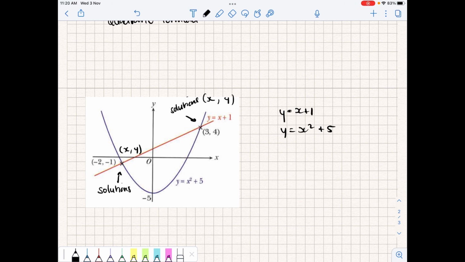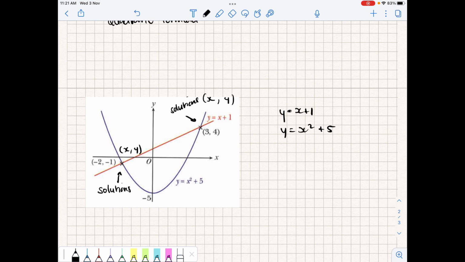Now, usually when we solve these simultaneous equations, we will generally solve for x first, and then using either of the two equations, we would solve for the other variable. But the order doesn't matter, right? If we are asked to find the solutions, we're asked to find both the x and the y solutions, unless otherwise stated. So if they only want the x solutions, they will specify only the x coordinates, etc. Okay?